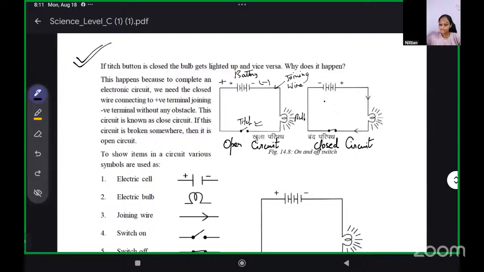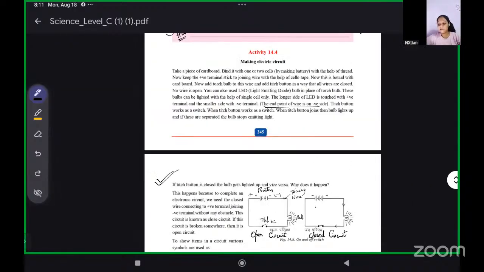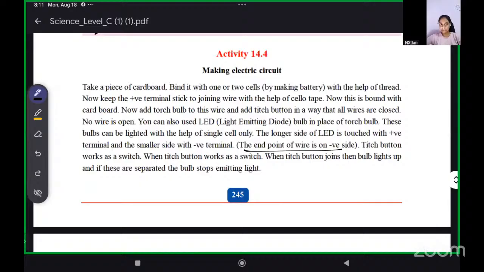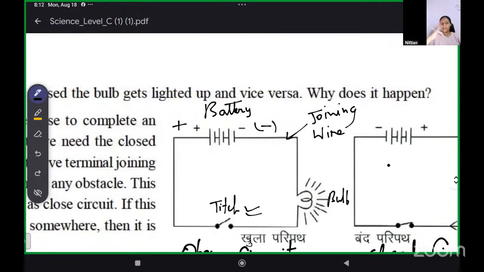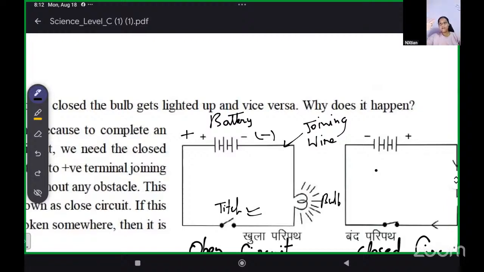Now, you know how to make a circuit, right? Attach, join the cells together, and it will become a battery. How do we join? Positive terminals and negative terminals. No positive positive together, no negative negative together.